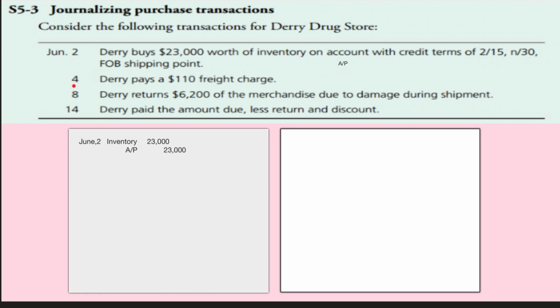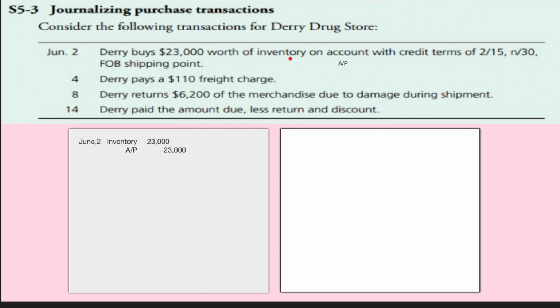On June 4th, Dairy pays a 110 freight charge. He paid for the delivery. So again, pays means cash. My cash went down, it decreased. Cash, it's an asset account. It decreases in the credit side. When the buyer pays for the delivery, for the transportation, he's gonna add it to the cost of goods he purchased.